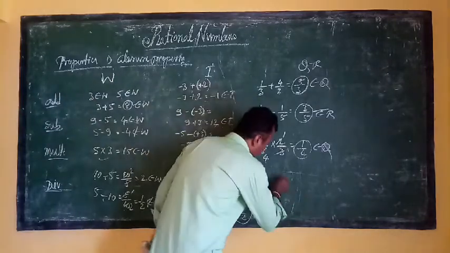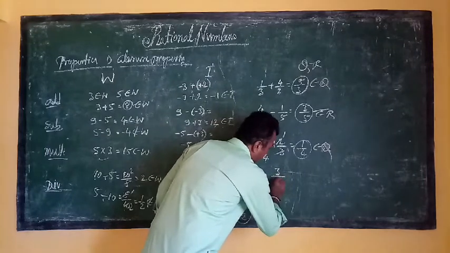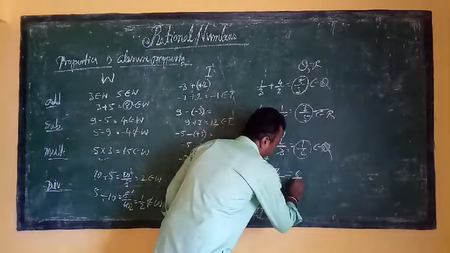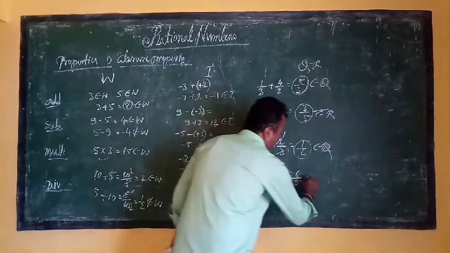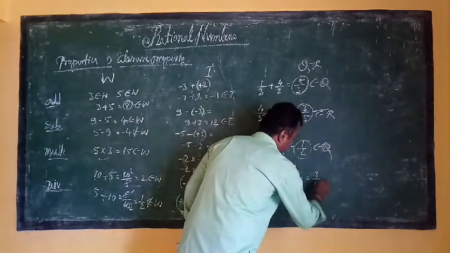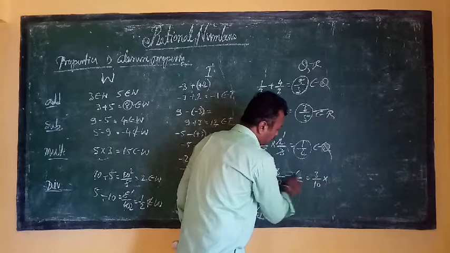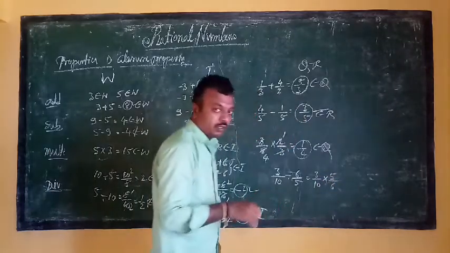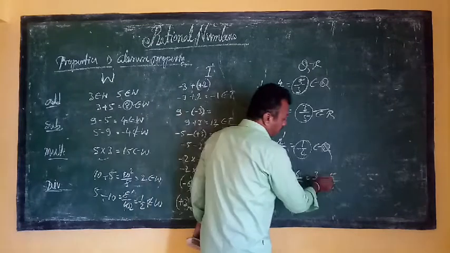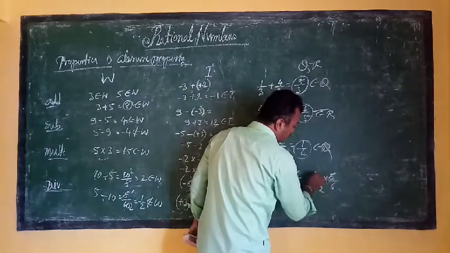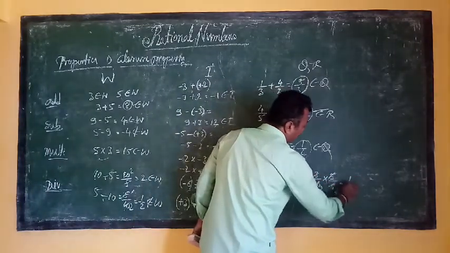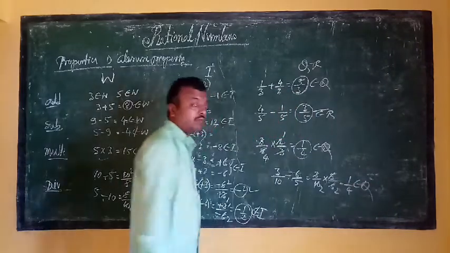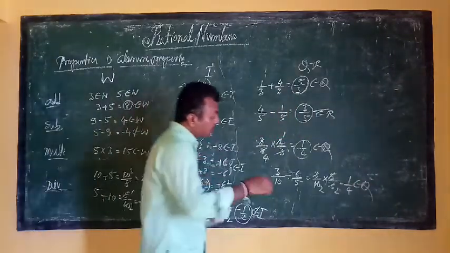The rational numbers, see, 3 by 10 divided by 6 by 5. See students, 3 by 10, division becomes multiplication, and 6 by 5 becomes 5 by 6 because of the reciprocal. So as in fractions, 5 ones are 5, 5 twos are 10, 3 ones are 3, 3 twos are 6, it becomes 1 by 4, and 1 by 4 belongs to the rational numbers. But another example you can take.